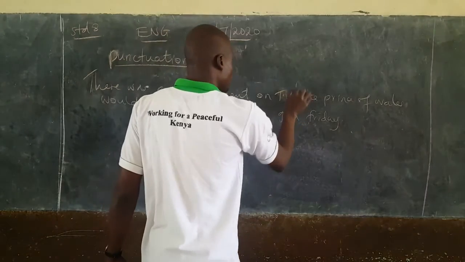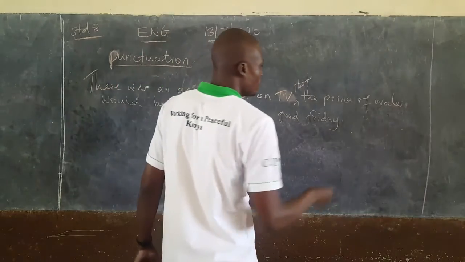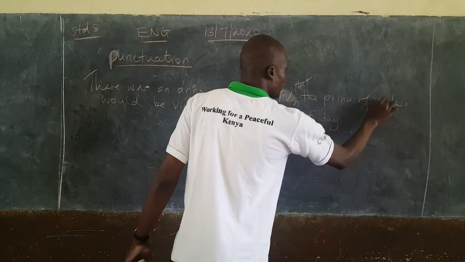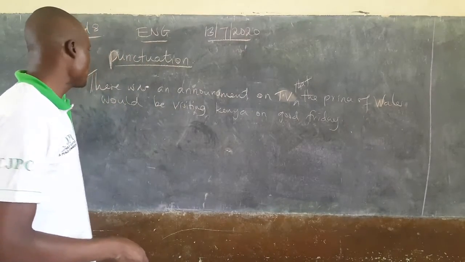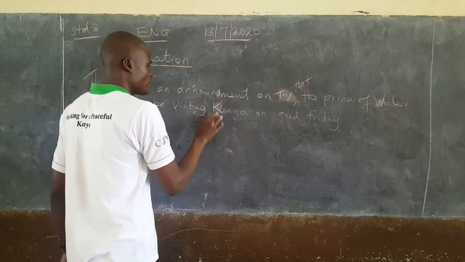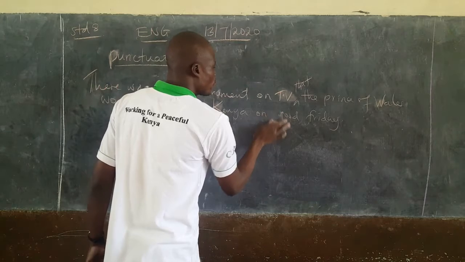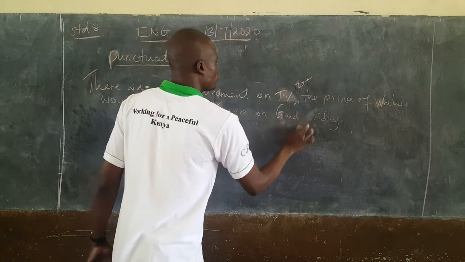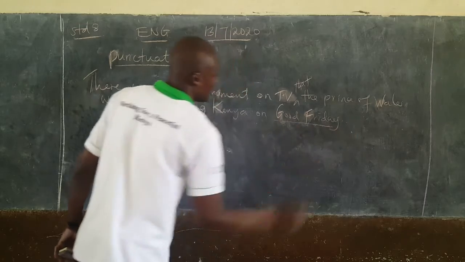That the Prince of Wales, so Wales here must be a capital letter. The Prince of Wales would be visiting Kenya, in capital letter, the name of a city or nation, on Good Friday. This is also a very important occasion. It's a national holiday, so all national holidays should be written in capital letters like that.